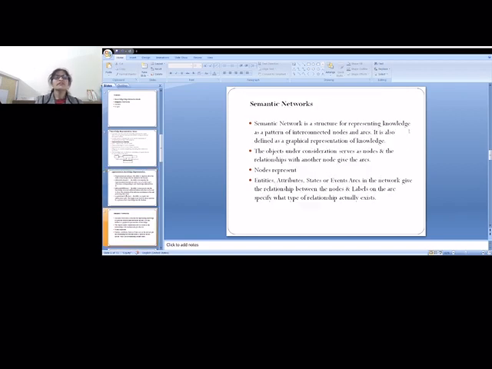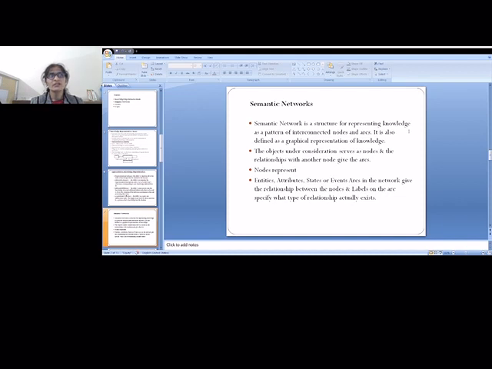Next, the various techniques of knowledge representation are semantic network, frame, predicate logic, propositional logic and script. Firstly, what is a semantic network? A semantic network is a graphical or structured representation of knowledge which consists of nodes and arcs, and the nodes and arcs are interconnected.